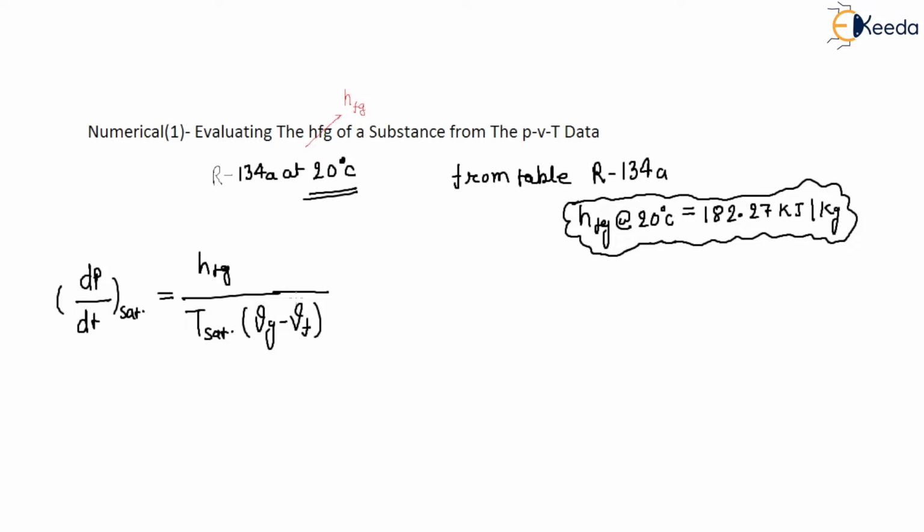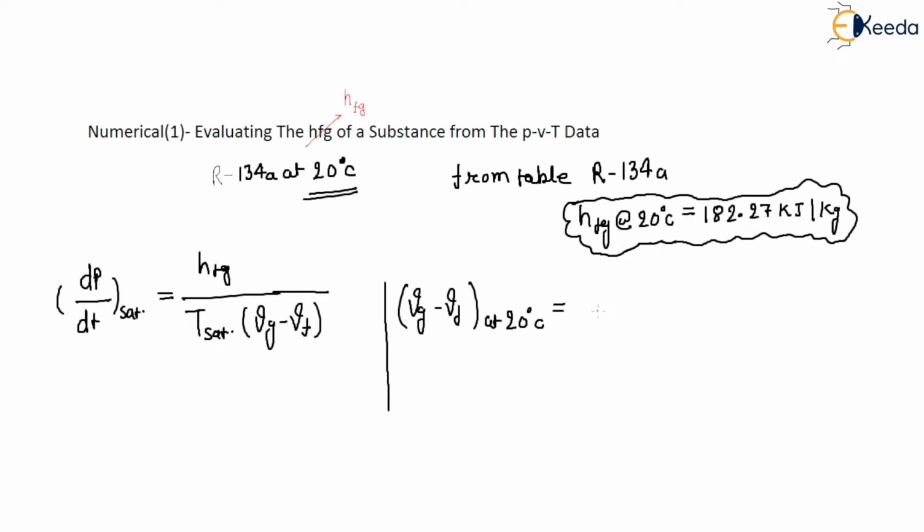So first of all, calculate Vg minus Vf at 20 degrees centigrade.